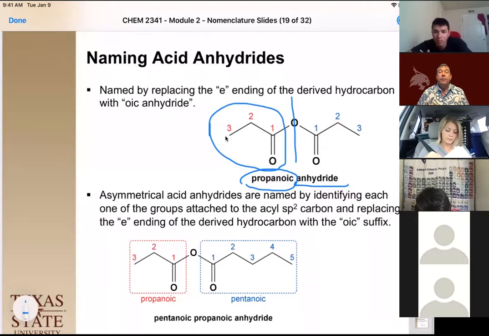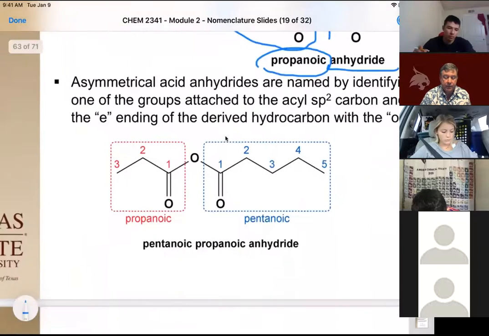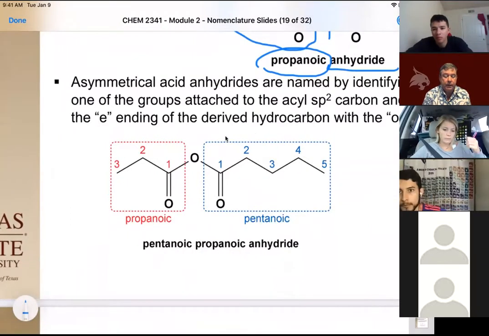If they are unsymmetrical, you put them in alphabetical order by identifying each side separately. Notice they're both carboxylic acids, so I'm going to blow this up. One side is propionic, which is 1, 2, 3, propane, drop the E, oic acid, so it's propionic acid.